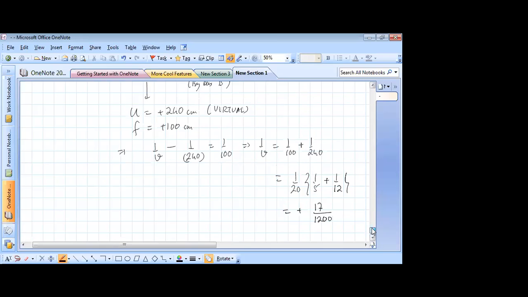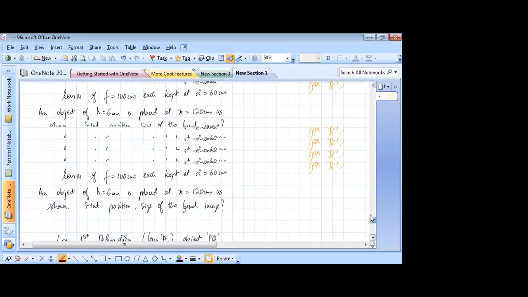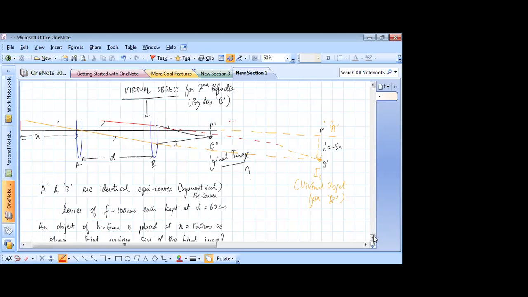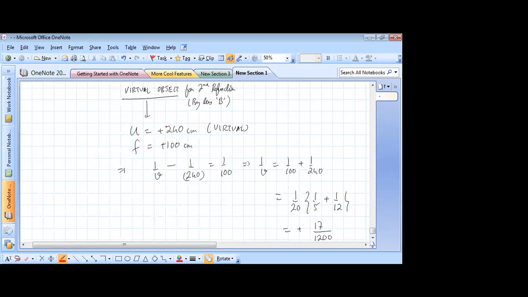Yeah, that was 600. Oh, my mistake. This was 600. So just make a correction there. This is 600 minus 60, so this is 540. So we would have to substitute here this as 540.